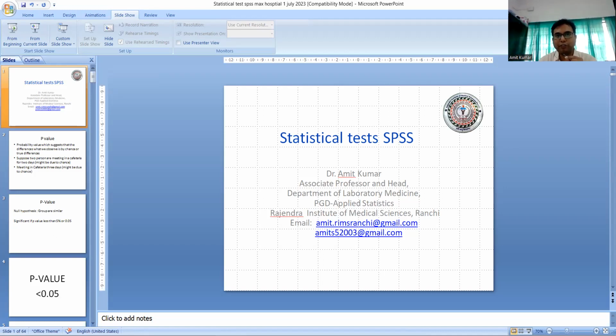Okay. So we apply the one-tailed test when we know the direction of the effect size at the beginning, before applying the statistical test. So we know beforehand what is going to happen in our statistical analysis.